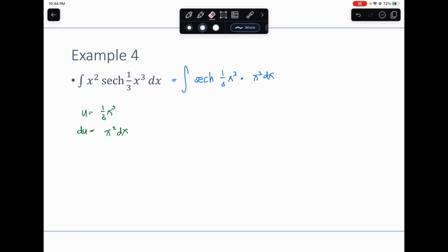So we have a direct integral of hyperbolic secant, which is arctangent, okay, of hyperbolic sine of 1/3 x cubed plus c.